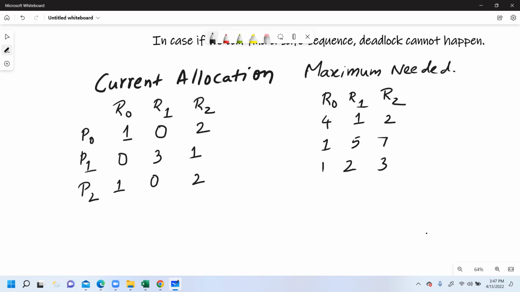So this is given, and available is how many resources are currently available, because these resources are held by the processes. Available is basically 2, 2, 0, which means R0, R1, and R2.